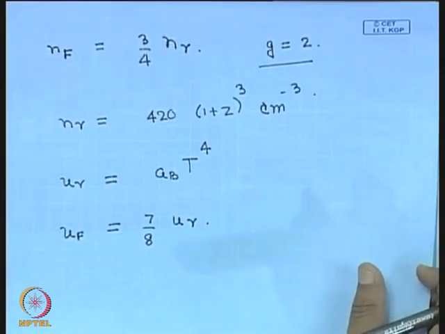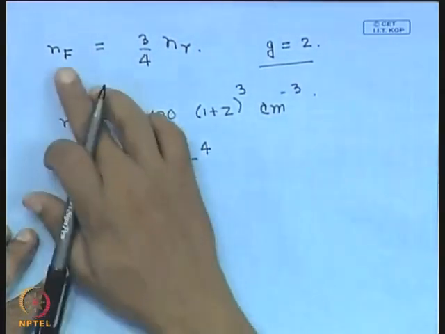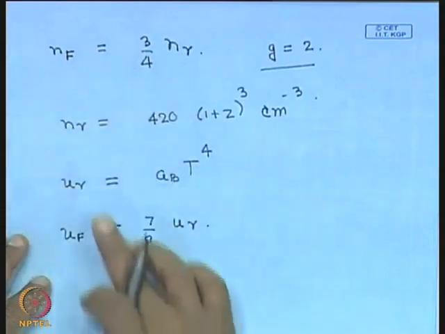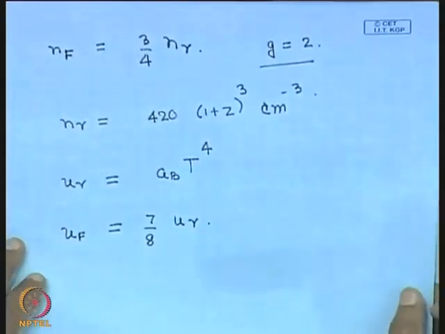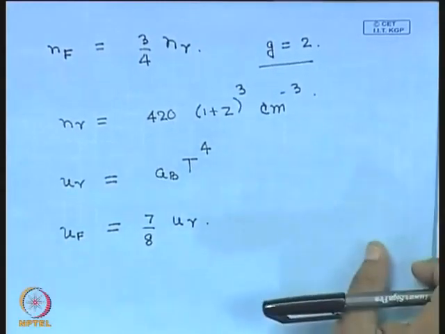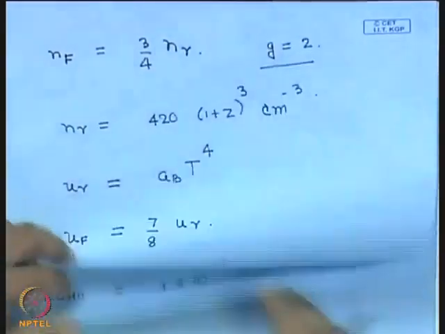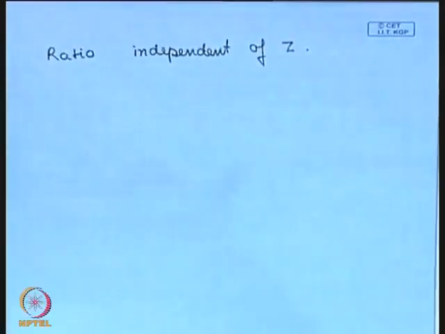Now let us use this. So we have worked out the number density of particles for fermions and bosons, and what values they have for the CMBR, and let us now look at some more quantities for the CMBR. Let us look at the entropy.